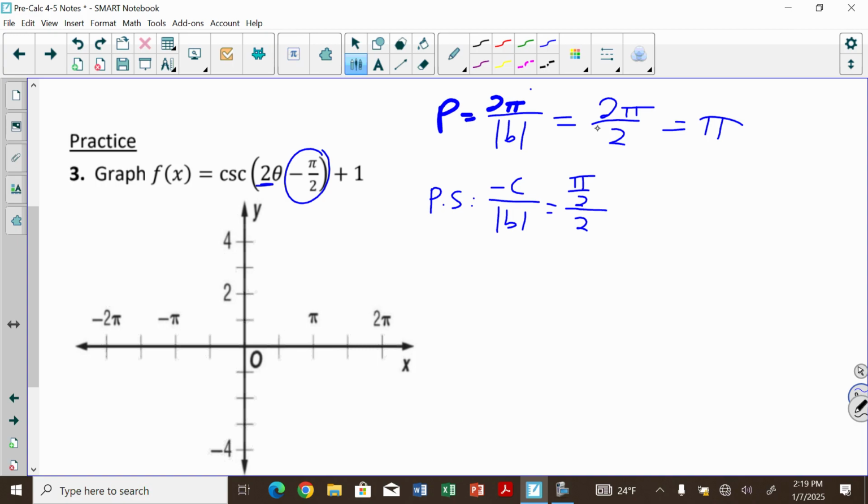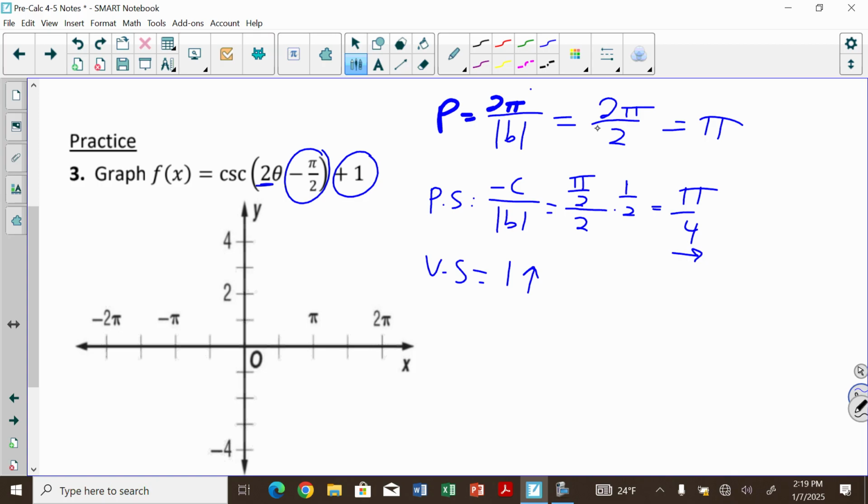When we divide by 2, or multiply by 1/2, we get pi over 4 for the phase shift. We also have a vertical shift of 1. So we're going to move to the right pi over 4, and up 1 as well.